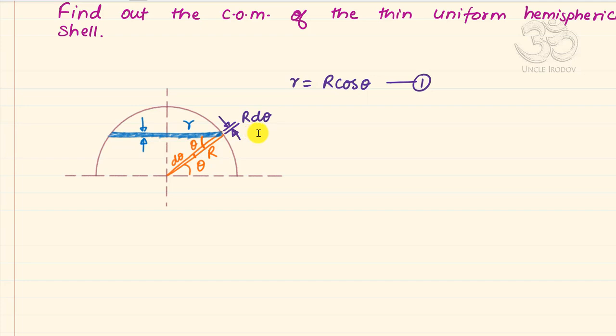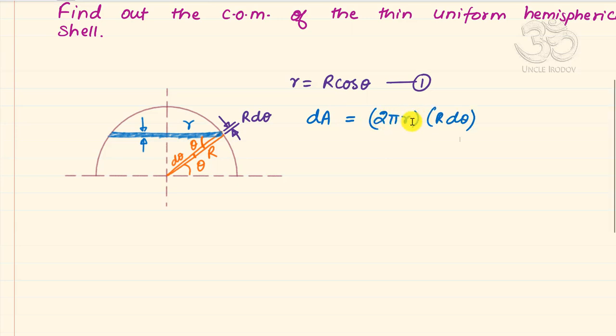And so, can I find out the blue shaded area? Yes, I can do that. So the blue shaded area, dA, is going to be the total length of this ring, so that's 2 pi small r, times the width it has, so that is big R d theta.